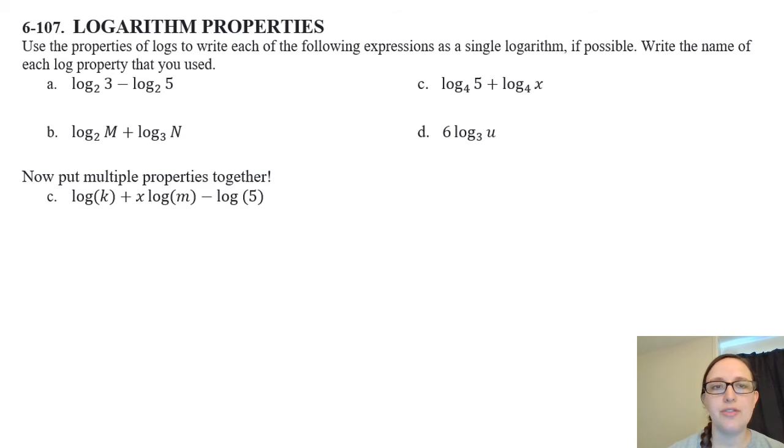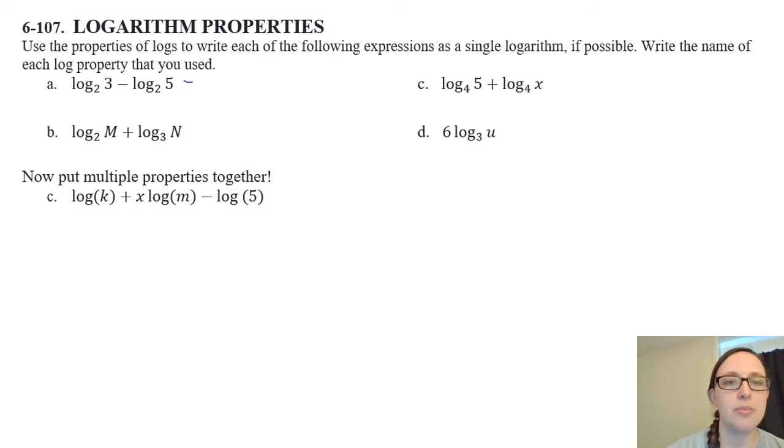All right, so I have a few more log properties to practice with you. Just a few more things to think about. In the first problem, log base 2 of 3 minus log base 2 of 5, since we have the same base, we can combine those.